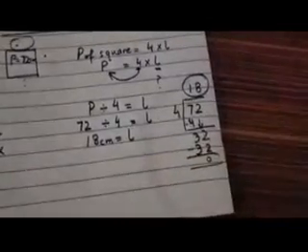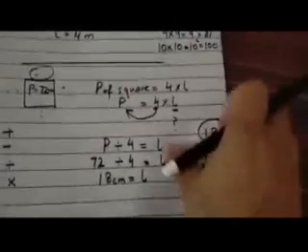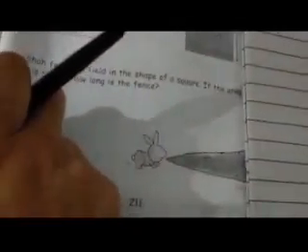Okay, now I am giving you a word problem. I will give you the example of the word problem that is in your textbook page number 211, question number 3.